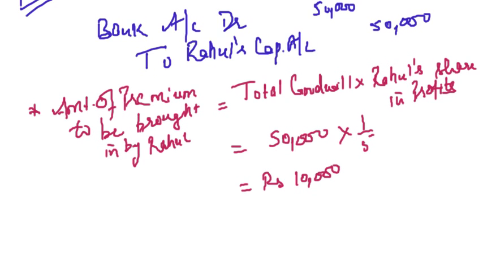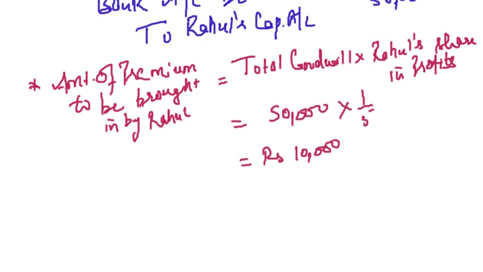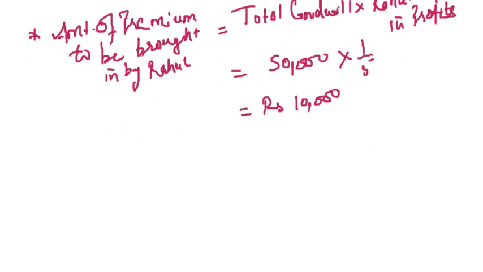Now this premium, he is not bringing this premium. We have studied in the lecture of goodwill that if he is not bringing his premium for goodwill, we have to recover this goodwill, this premium, ultimately from Rahul only. So what will be the journal entry?